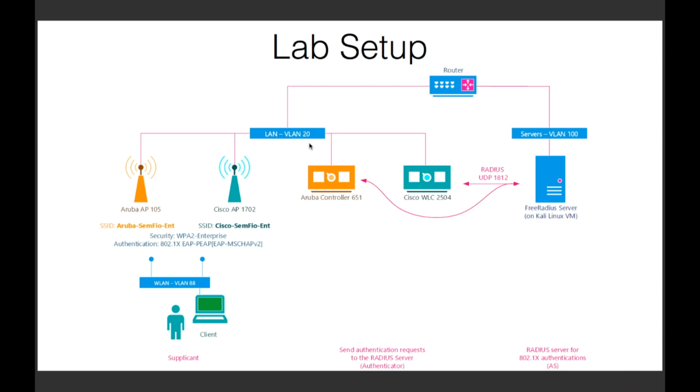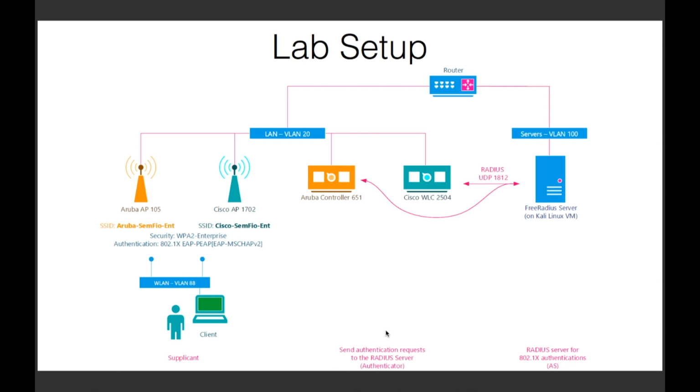So in a 802.1X setup, 802.1X is basically a framework that allows you to access the network in a secure way by blocking the access to the network until the client is fully authenticated. And in this framework, you have the supplicant, which is the client. You have the authenticator.